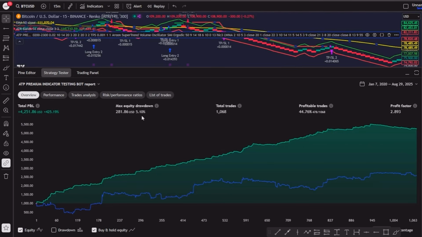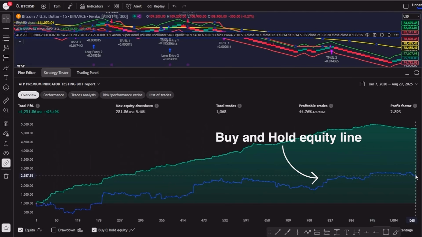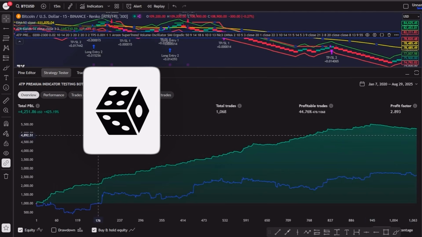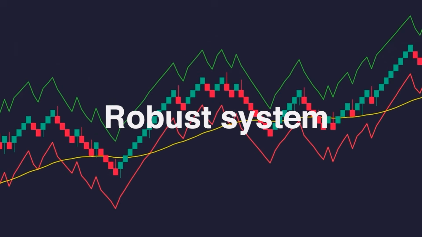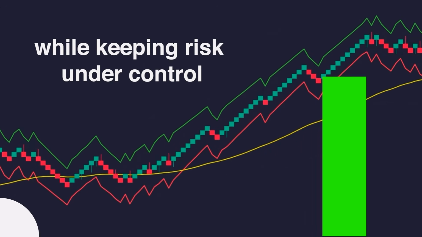The max drawdown remained extremely low, and once again the equity curve showed a clean, steady uptrend and well above the buy and hold equity line, proving that this is not just random results, but a robust system that can outperform the market while keeping risk under control.